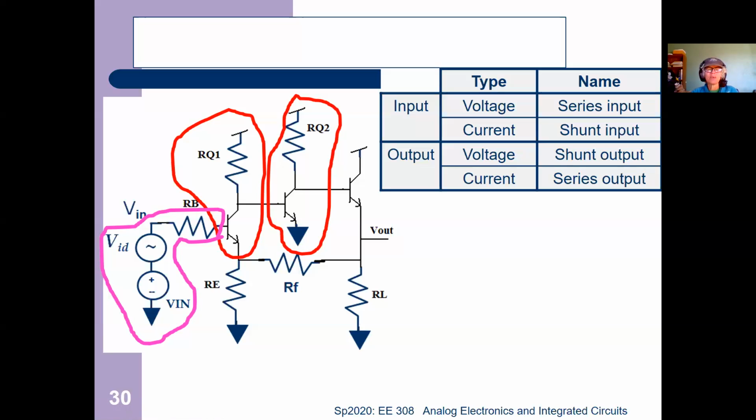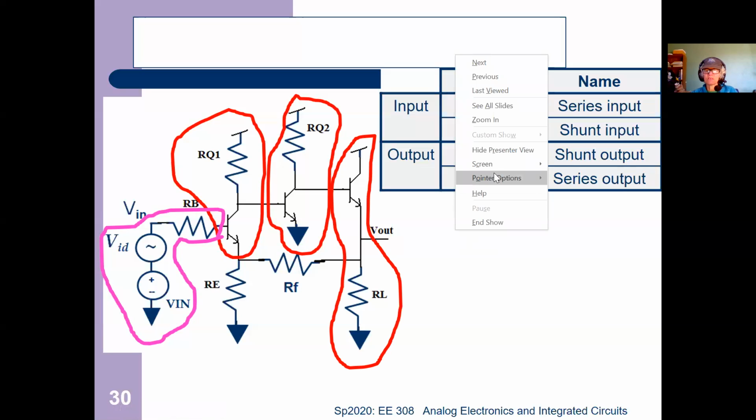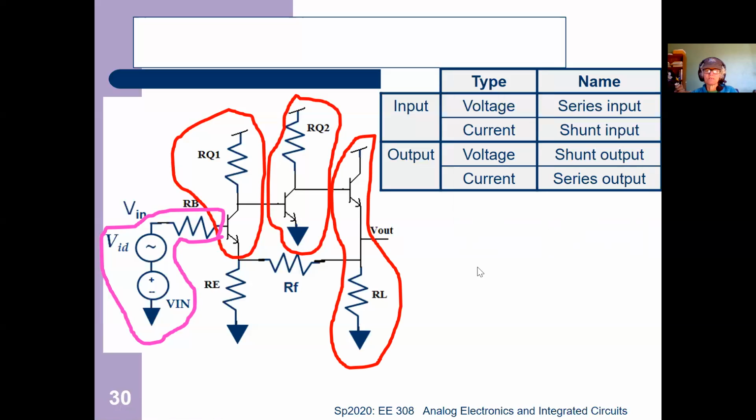Common collector. And for a common collector, this RL is part of the circuit, so you have to circle that whole thing. Okay, and now we've gone from the input to the output. This whole thing right here is your lowercase AV. So all this stuff in red, that's your AV.